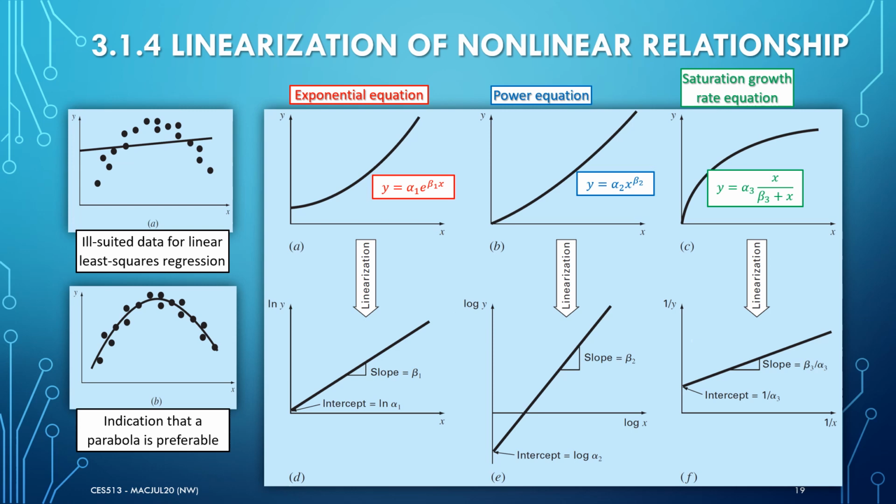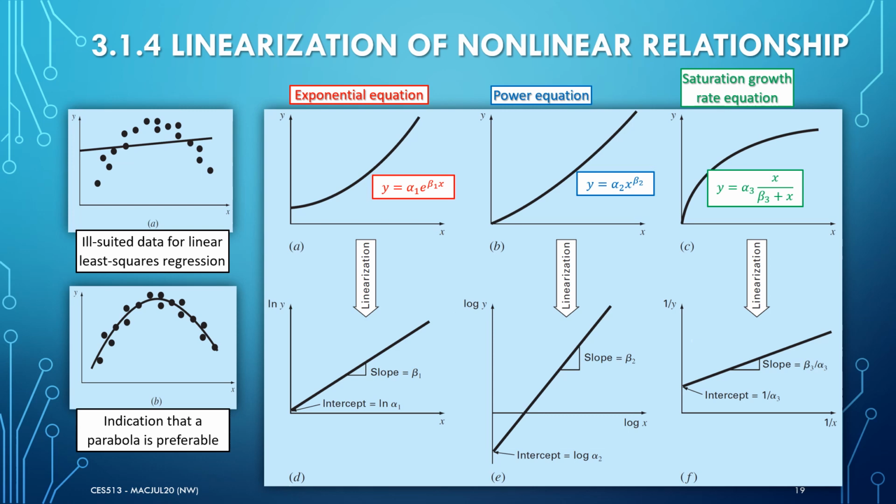Nonlinear regression techniques are available to fit these equations to experimental data directly. However, a simpler alternative is to use mathematical manipulations to transform these equations into a linear form. Then, simple linear regression can be employed to fit the equations to data.